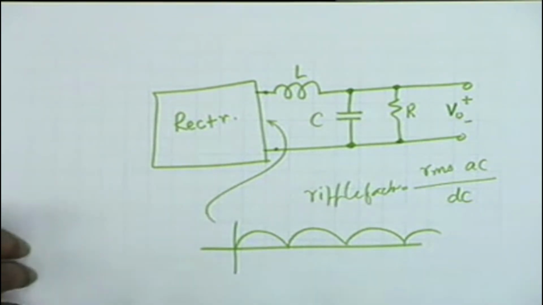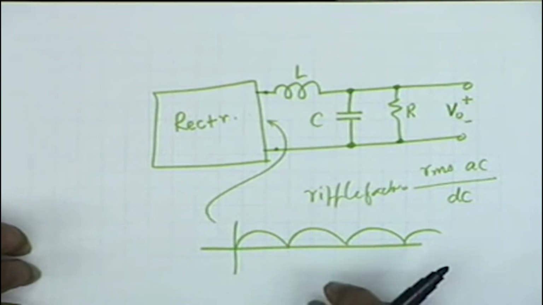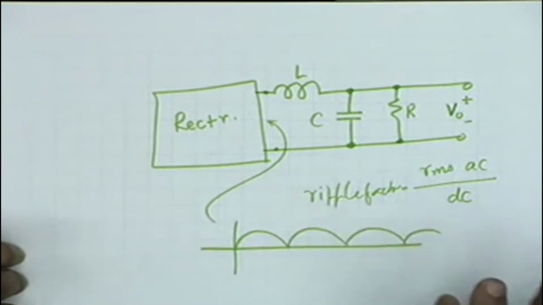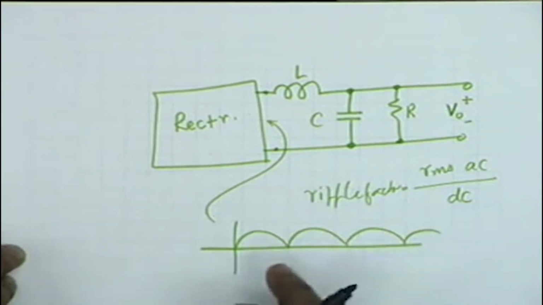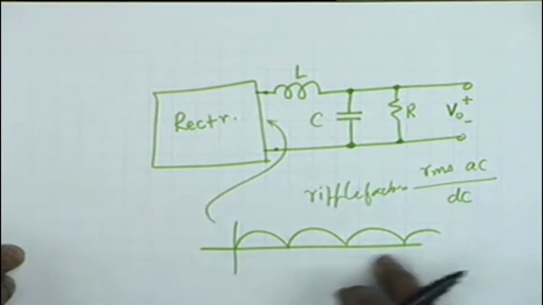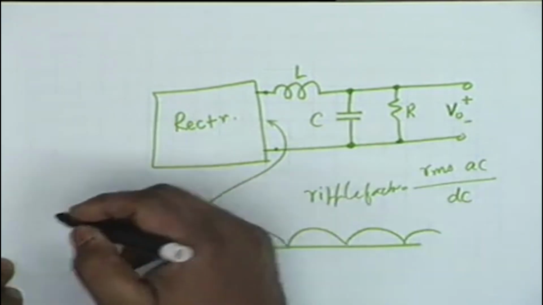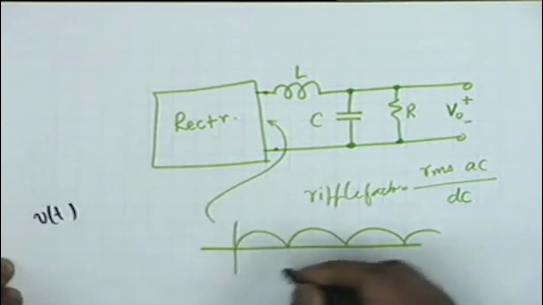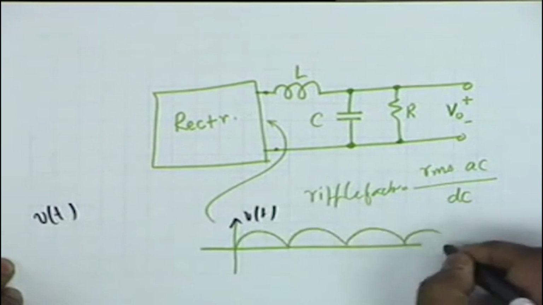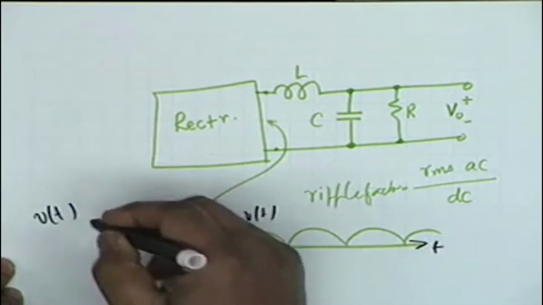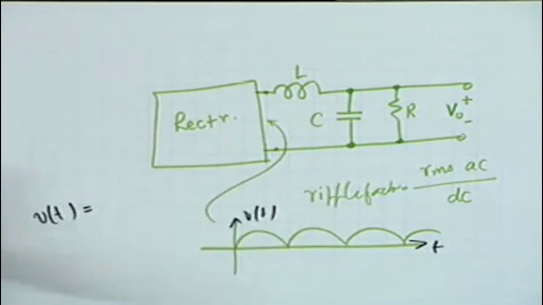Anyway, any periodic waveform, whether sinusoidal or non-sinusoidal, can always be decomposed into sinusoidal components. You will learn this later, that such a waveform can be decomposed into the following. If I call this Vt versus T, then Vt can be written as, let me use some other page.